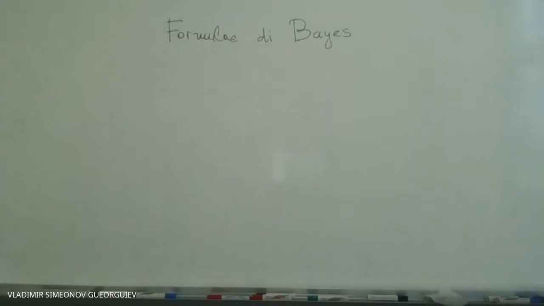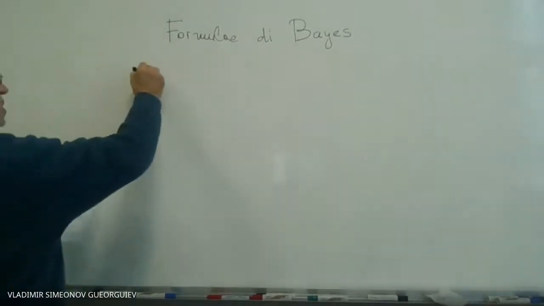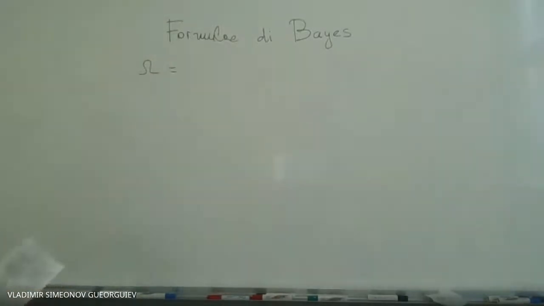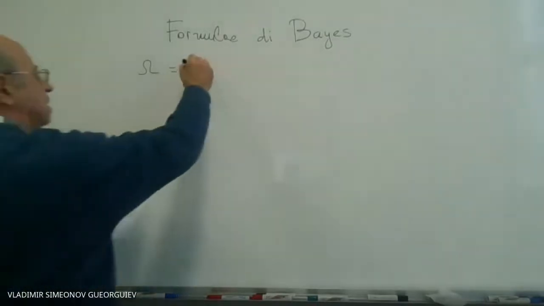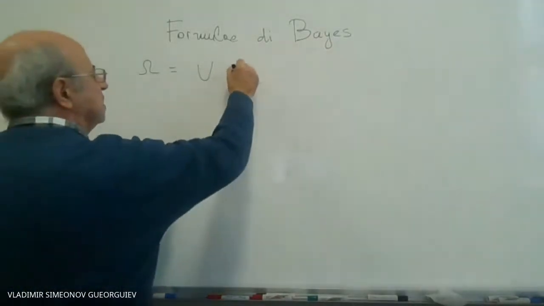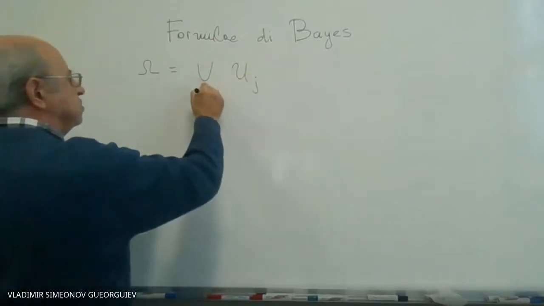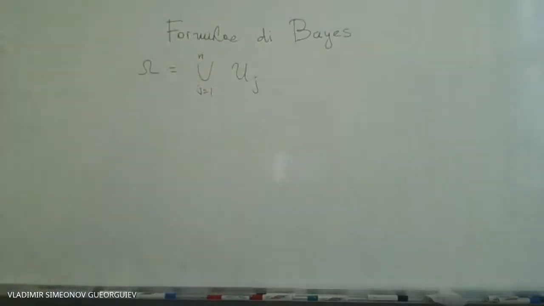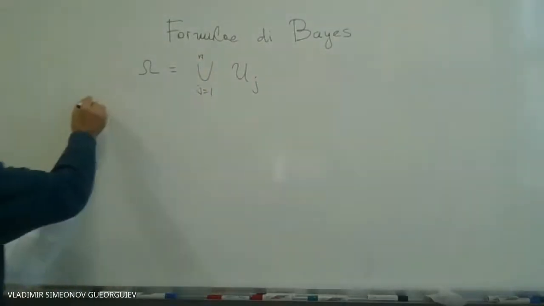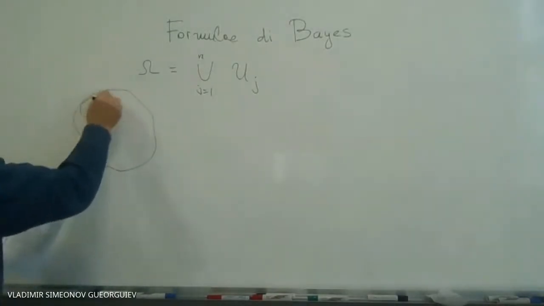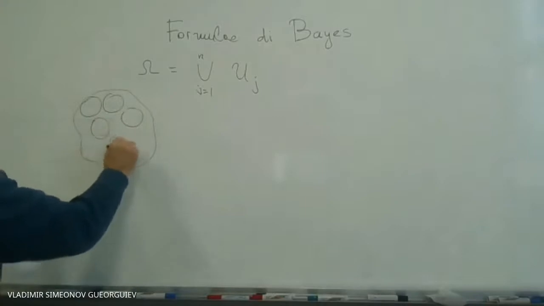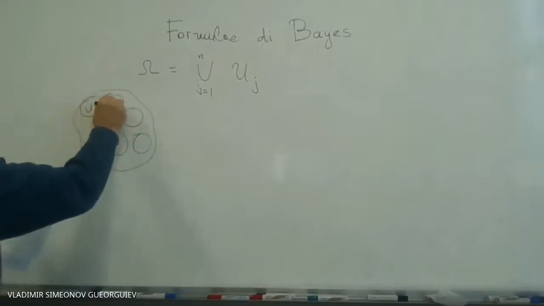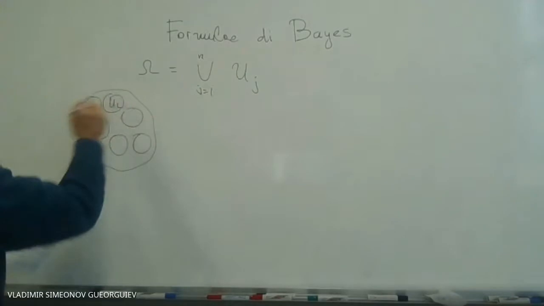And our first step is to have our probability space omega that is decomposed as sets Uj, where j starts from 1 to, for example, n. What does it mean? This means our total set omega is decomposed into U1, U2, and so on, disjoint sets.